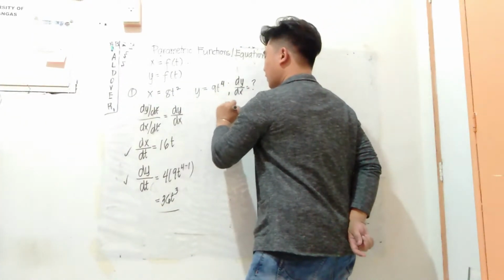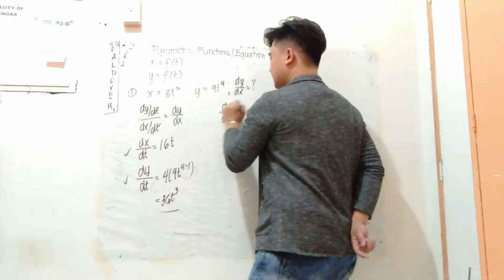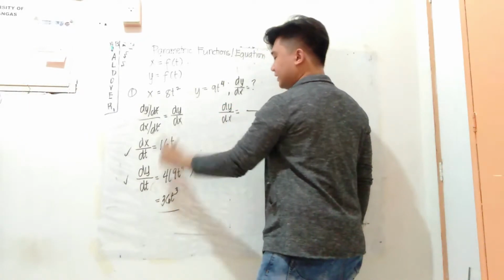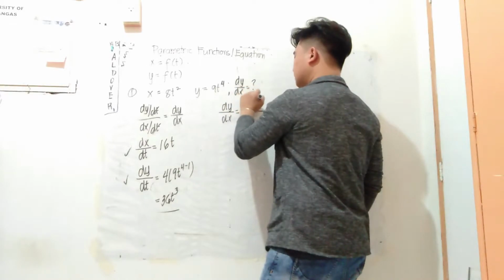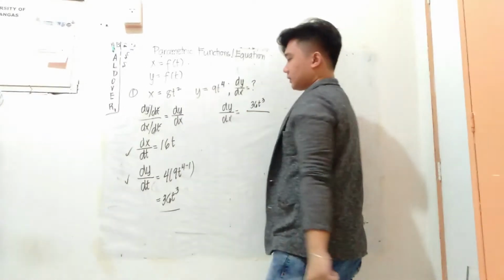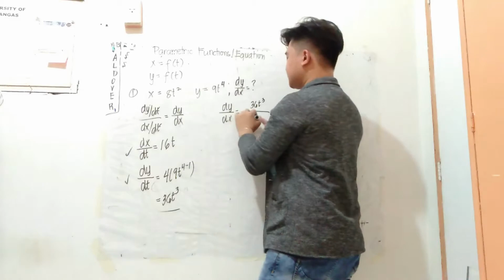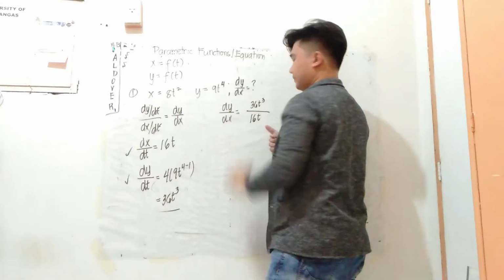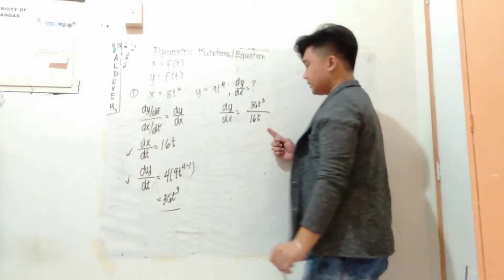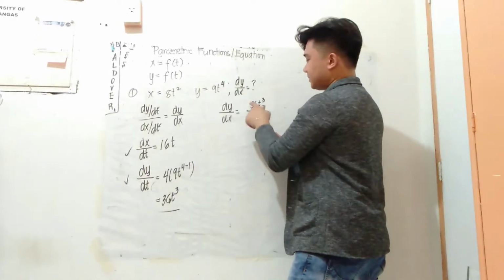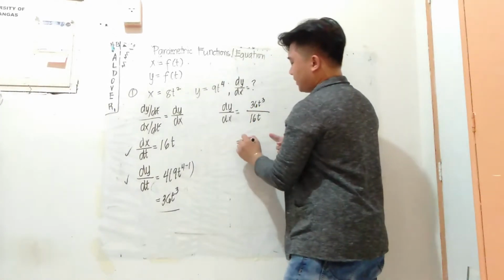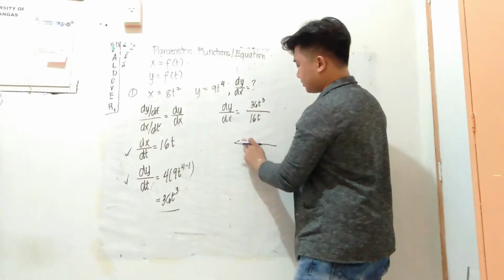Pag-dividing ko lang si dy at si dx, at ang matitira na lang ay si dy over dx. So, dy over dx is equals to dy over dt, which is 36t cubed, over dx over dt, which is 16t. Okay, as you can see, masisimplify mo lang to dahil pwede mo naman siyang i-lowest term.